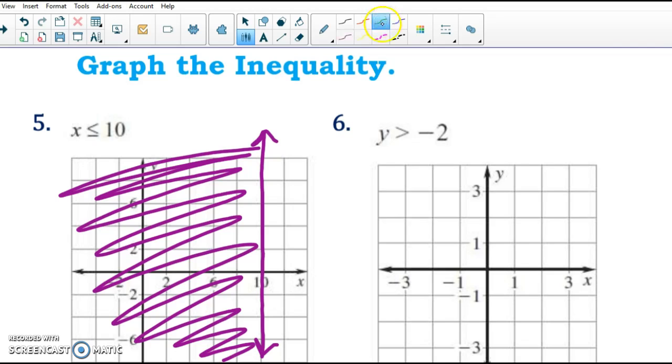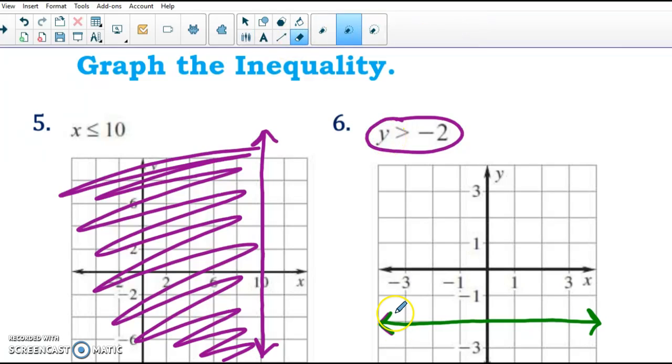Now, vice versa, if I have an inequality like y is greater than -2, then that means all of my y values are -2. So I'm going to graph the line y equals -2. And I know that y is going to be greater than -2, and I need a dashed line in this case because I don't have the equal to part on my symbol.